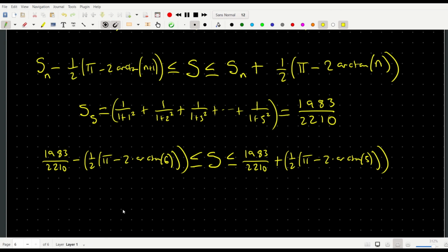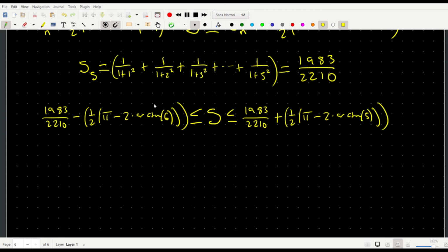And this lower bound, if we find the decimal approximation of it, ends up being about 1.06243.